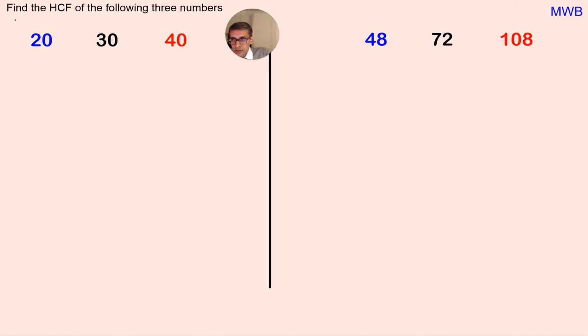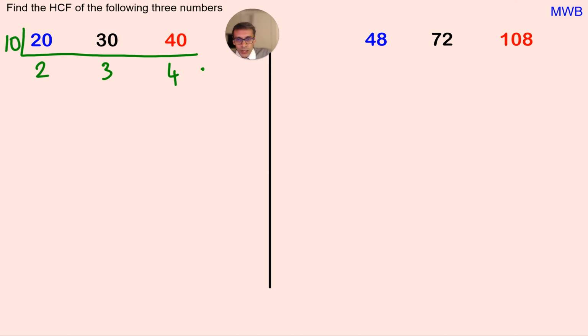So the first example here, in this case, we just draw the L shape and then we figure out, well, what can we divide all of these by? Now, this one is a really simple example. You can just divide it by 10 straight away, or you can divide it by 5 or by 2. If you divide it by 5, you'll have to divide it by 2 after that. But we're going to go straight to 10, and we're going to be left with 2, 3, and 4.